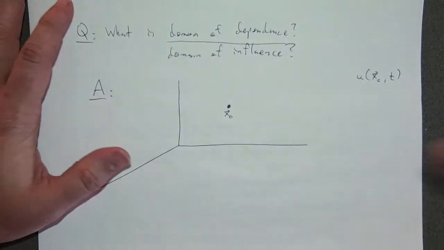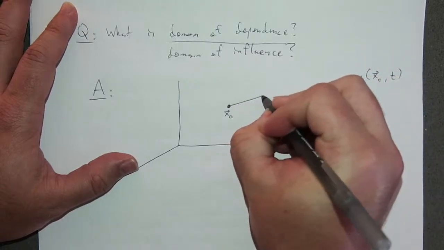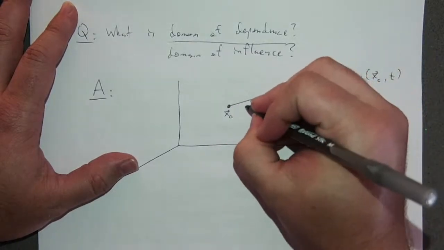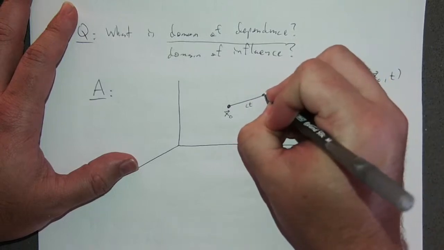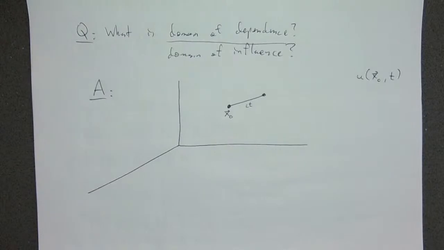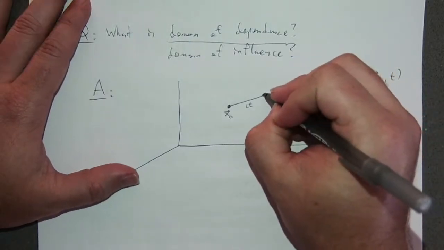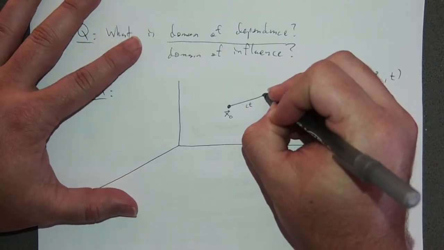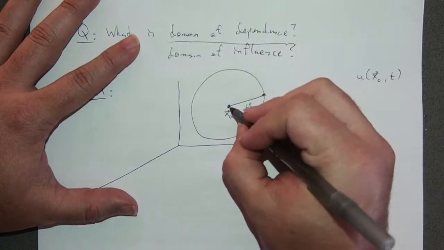So c is a constant, of course, in my problem. I have some ct amount indicated here, and so I have a sphere having that radius.